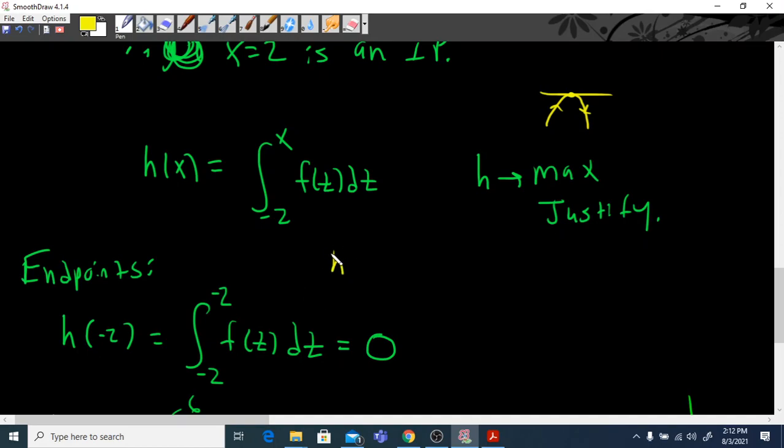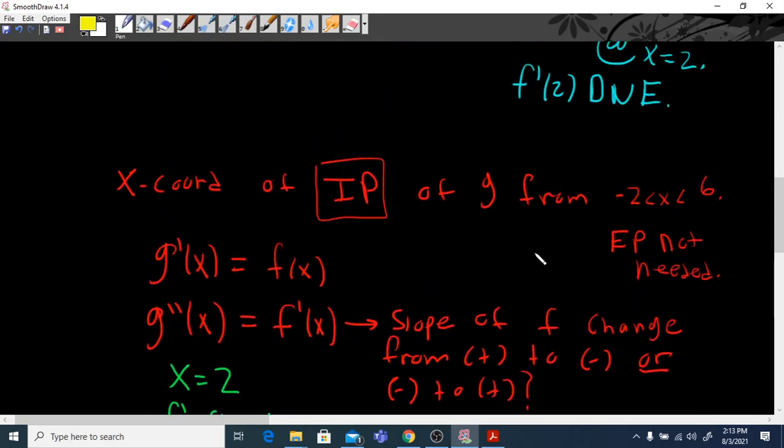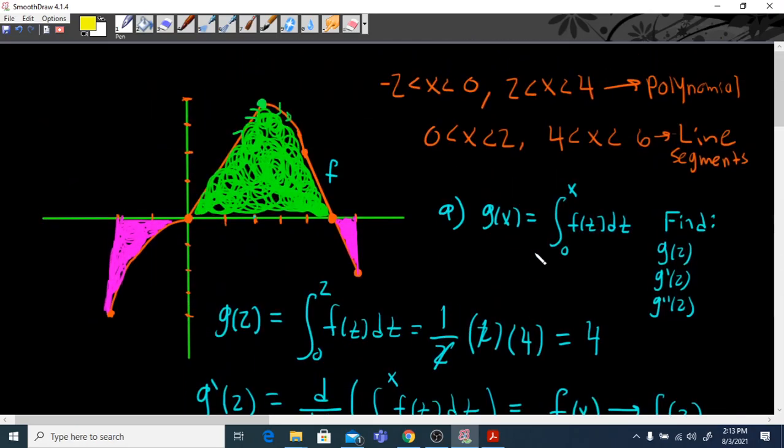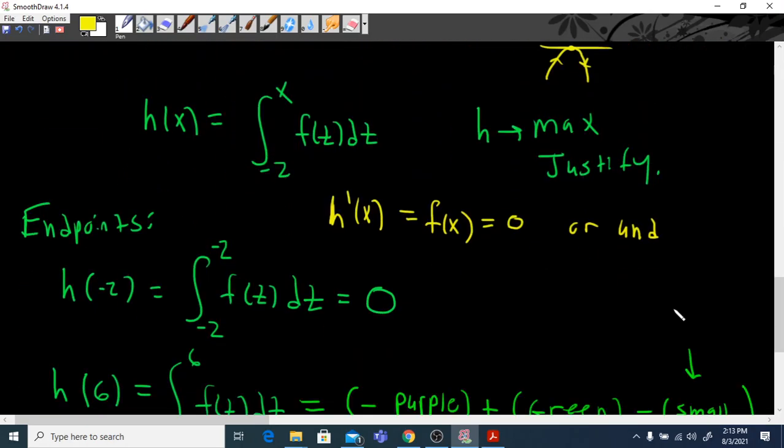So let's calculate the slope of h. And it's also going to be, no surprise, just f of x. If I set this equal to 0 or undefined, from -2 to 6, f is defined everywhere, so we don't have to consider that.